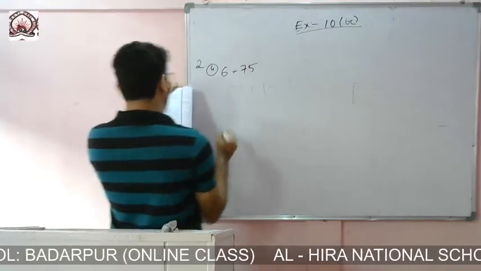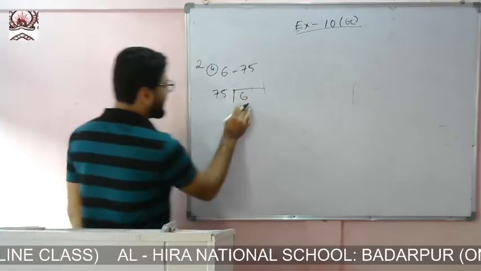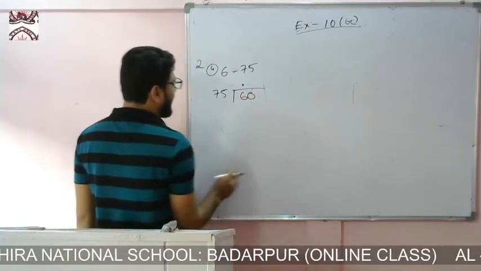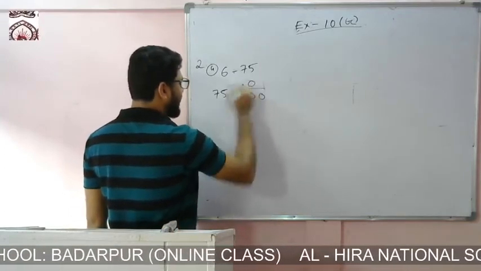Okay, so 75 6, so you cannot divide, so we will put 1 point and bring 1 0. Again also you cannot divide, so we'll take 1 0 and we'll put 1 0 here also.